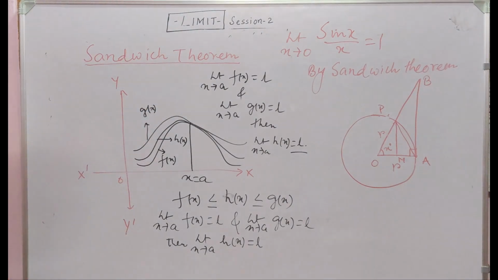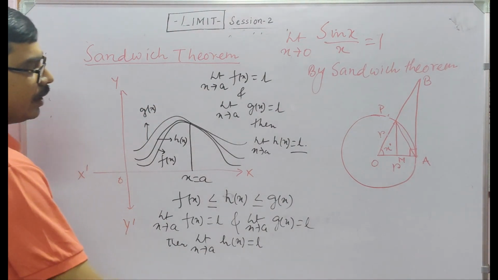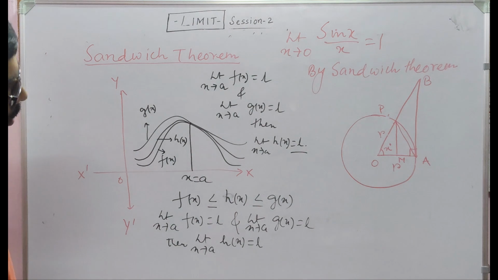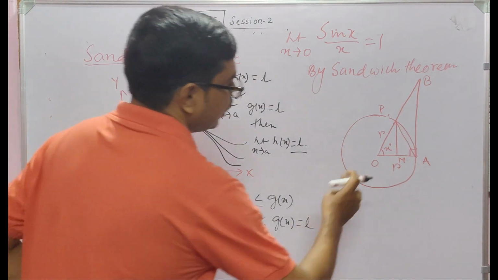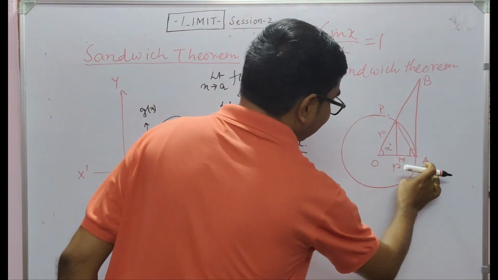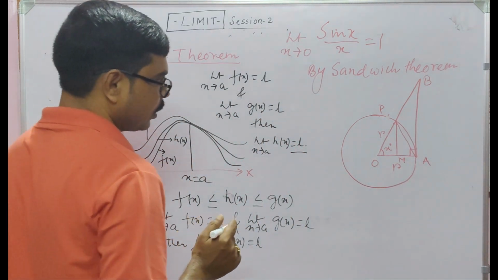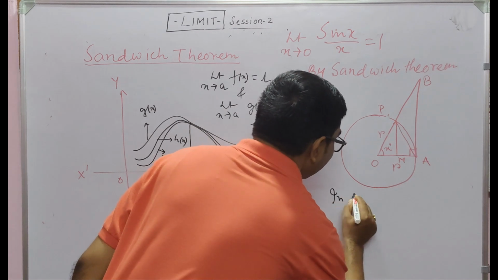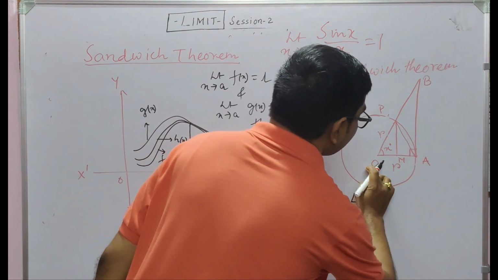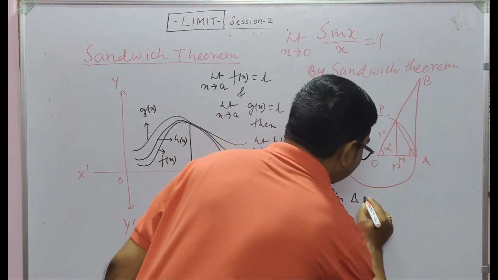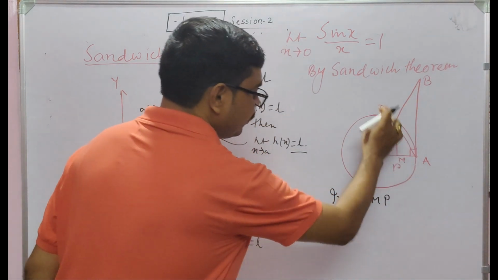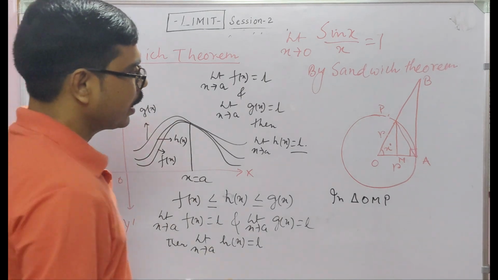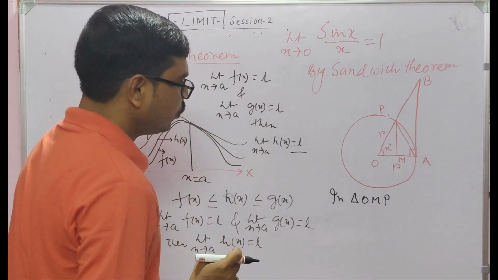Right angle triangle. So we can find the value of PM and AB. In triangle OMP, right angle triangle, PM is the perpendicular and OP is the hypotenuse.